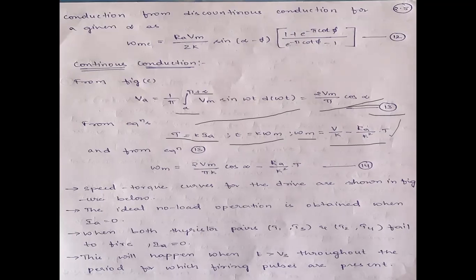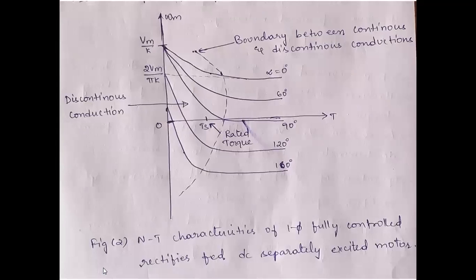From this equation we can calculate the speed torque curves. This is the speed omega m and this is torque. If you give the relation between omega m and T, we will get a curve. These are called speed torque curves.